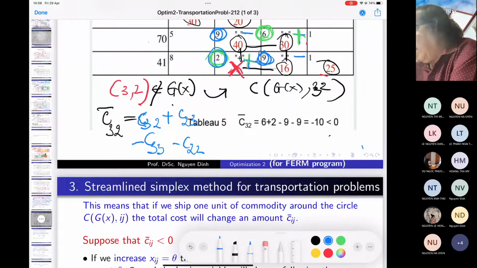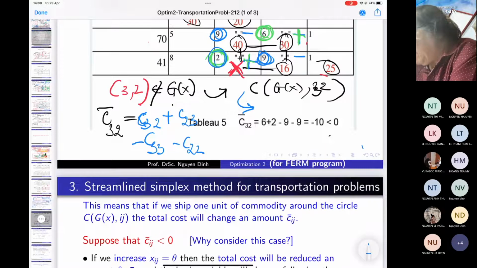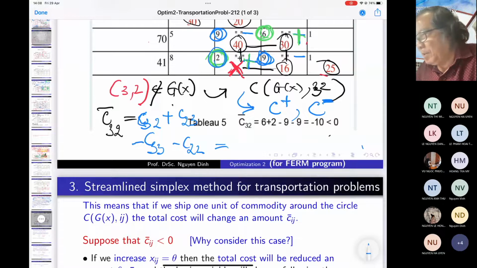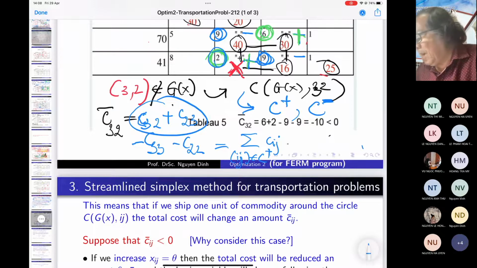In general, when you have a cycle like this, you have the set C plus, the set of plus cells, and you also have the set C minus, the set of minus cells. C bar is the sum of Cij where ij belongs to C plus, minus the sum of Cij where ij belongs to C minus.